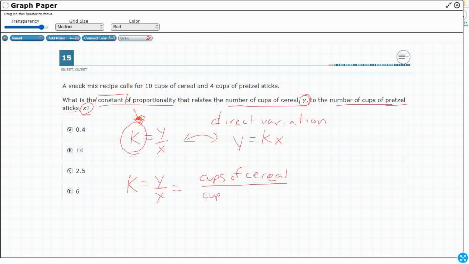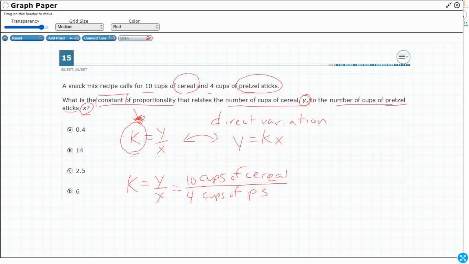I'm just going to put PS for pretzel sticks. Let's go back up here. 10 cups of cereal, so they give you the actual number, and then 4 cups of pretzel sticks, so 4 cups of PS.